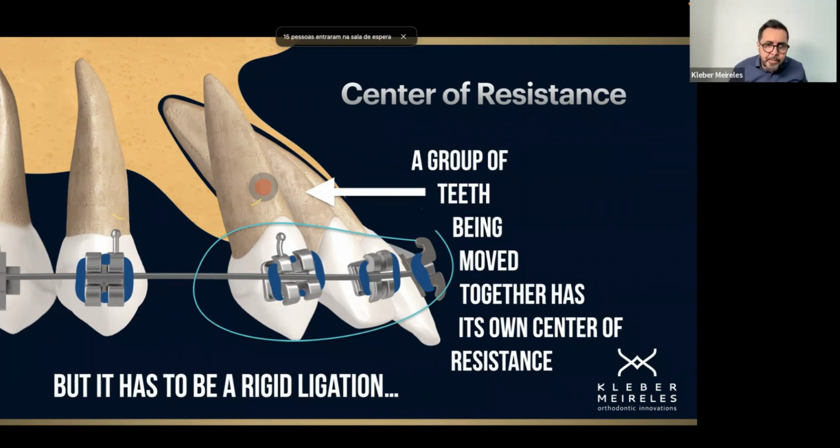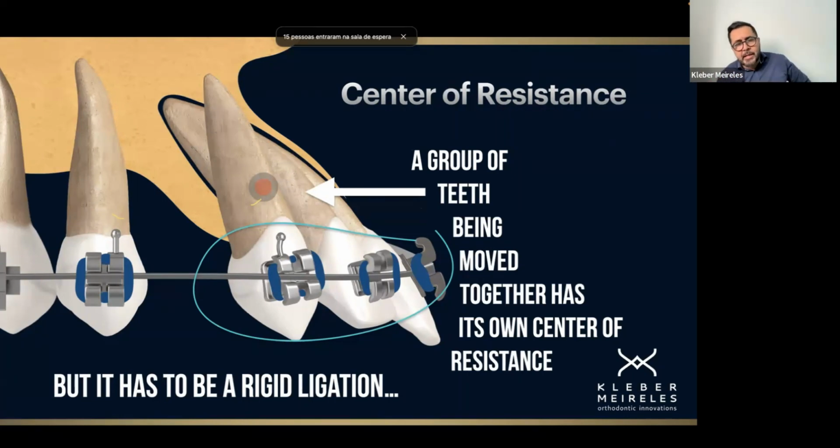Is this something that we consider when we have, for example, 1725 NiTi, ligating the anterior segment? I'm applying the distal force. Can I consider that a body, one body being tied together, the 6 teeth at the same time being one body?